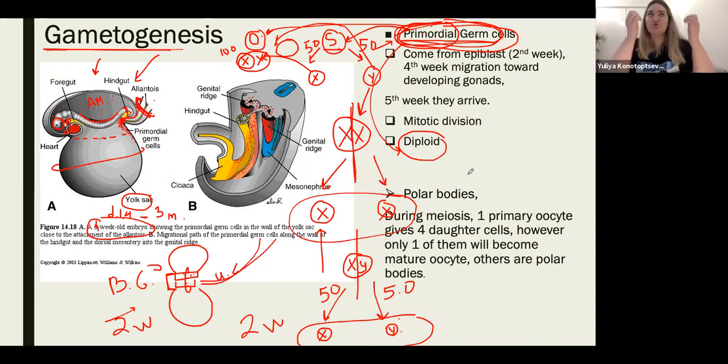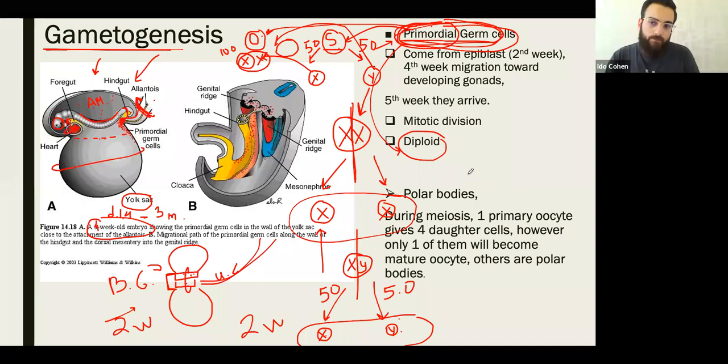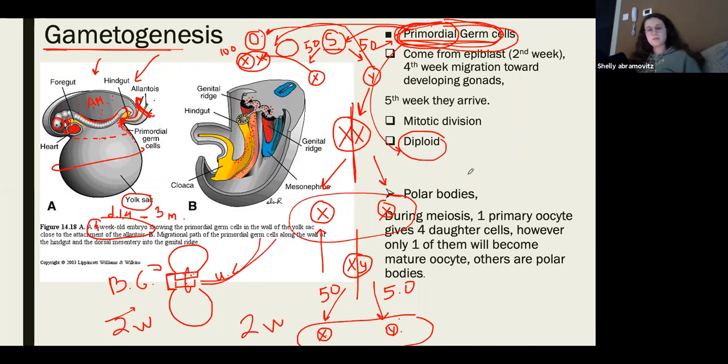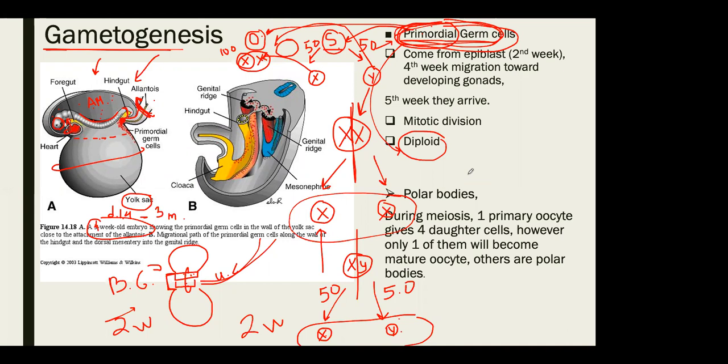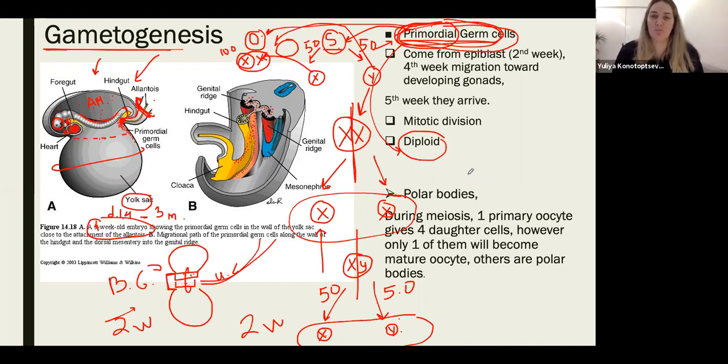If I want to make oocytes out of the PGCs, which chromosomes should PGC have? XX. If I want to make spermatozoas out of the PGCs, they should have XY. Is it clear? Where do PGCs come from? Epiblast. When? Second week.